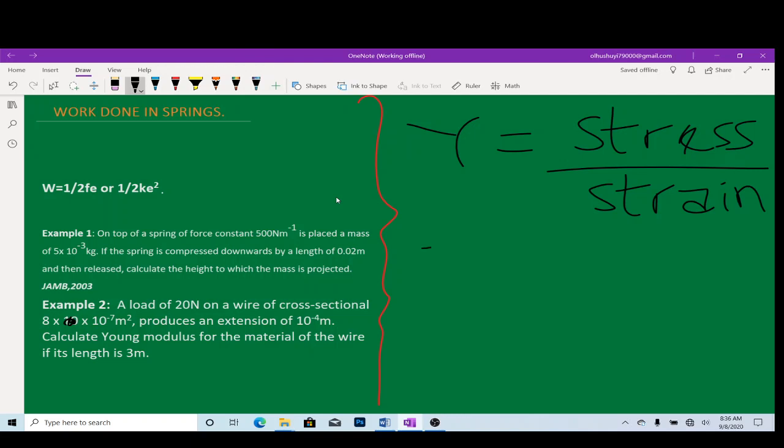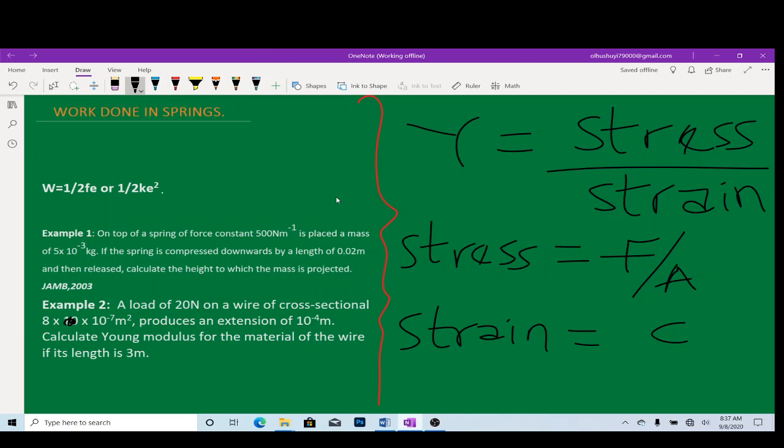And stress itself is equal to the force applied on that body with respect to the area, and strain is the extension with respect to the length.